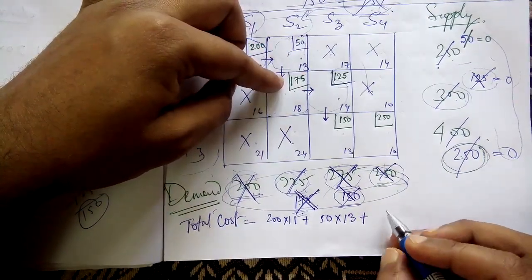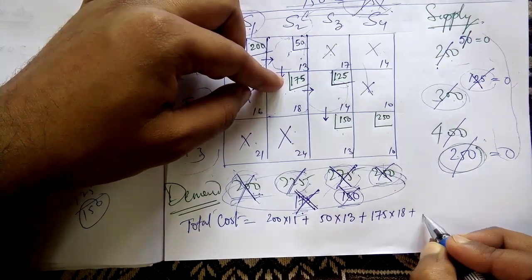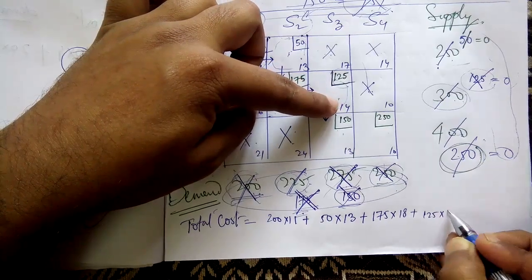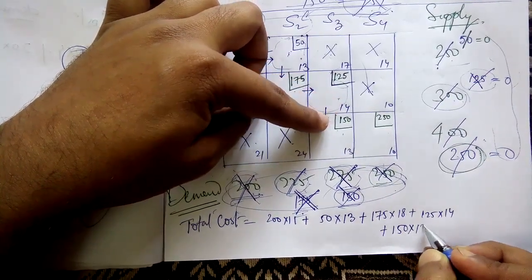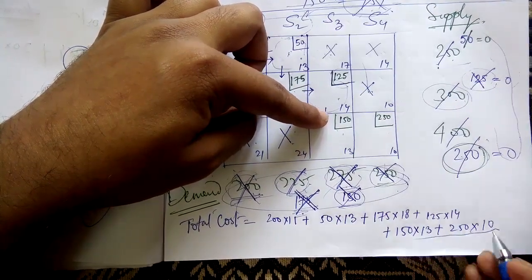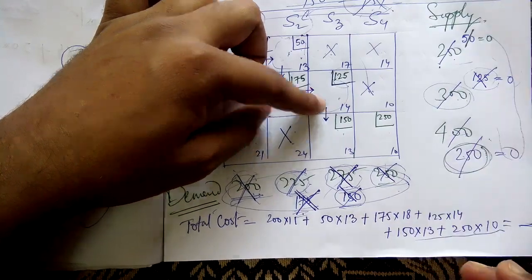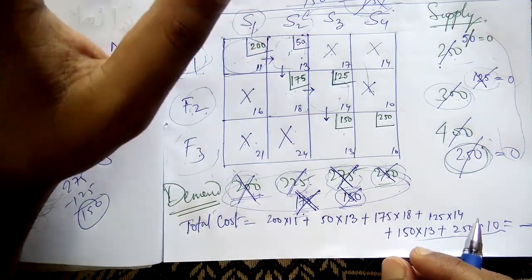How many items have you supplied? 175 into 18, plus 125 into 14, plus 150 into 13, plus 250 into 10. Whatever value you get, it is your answer. It is the total cost of transportation.